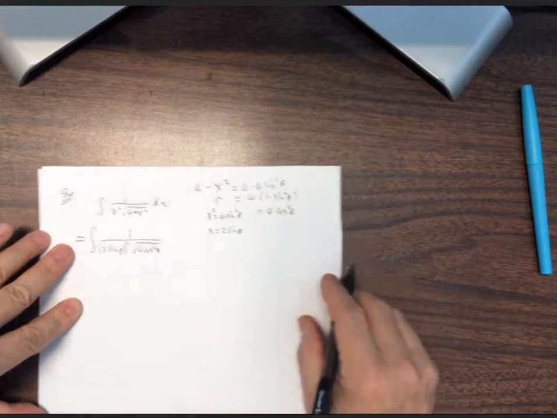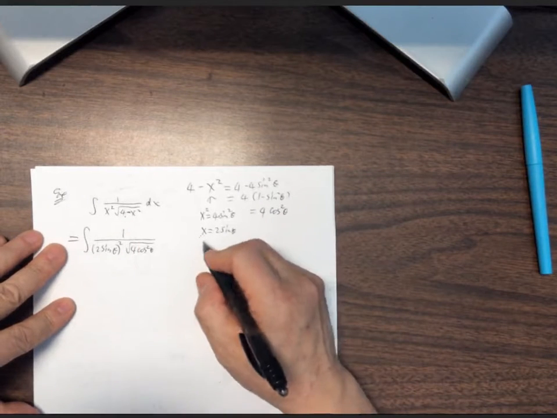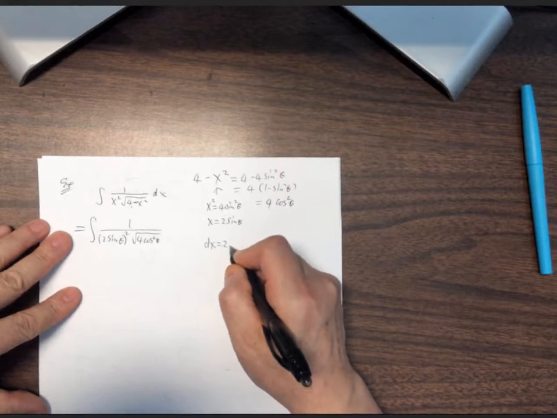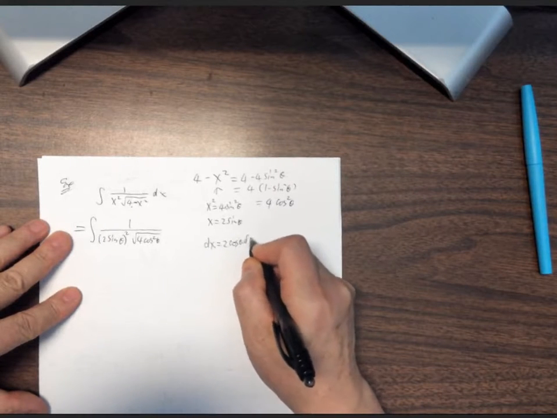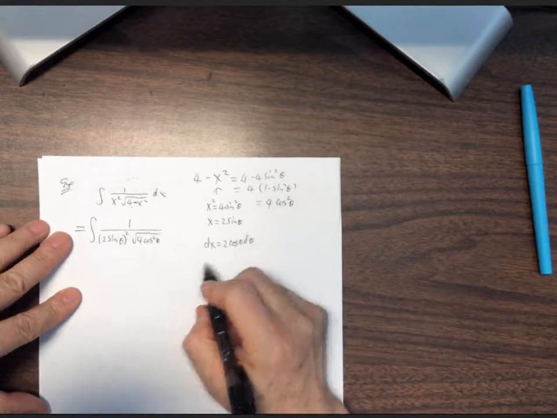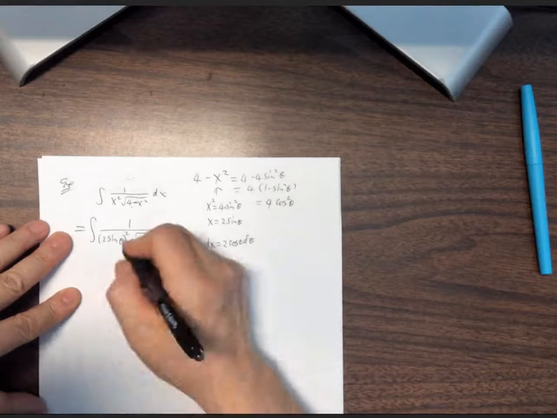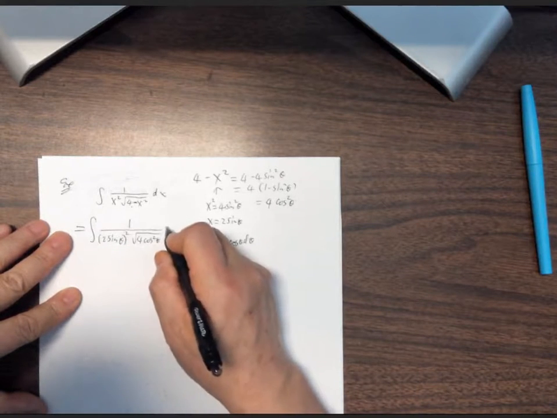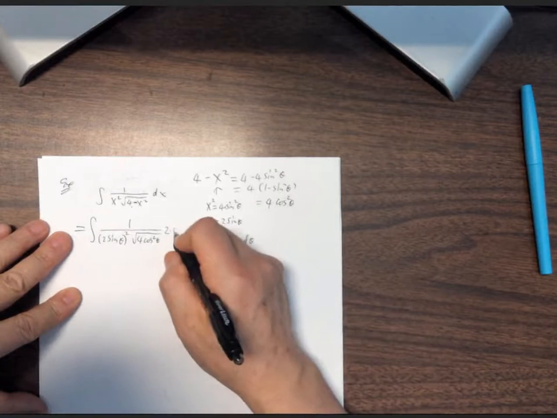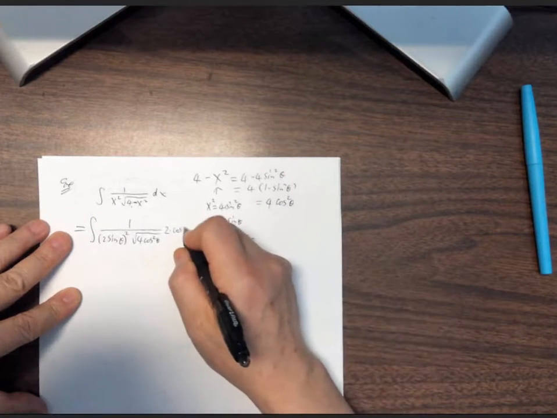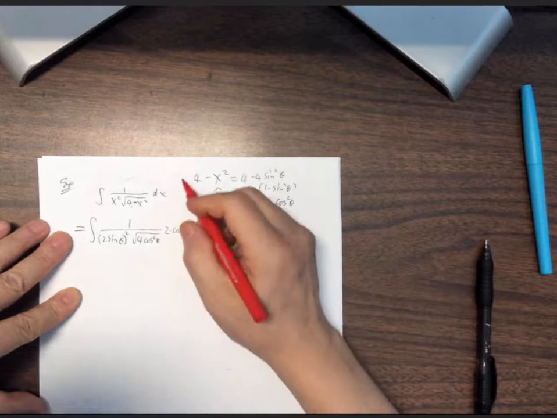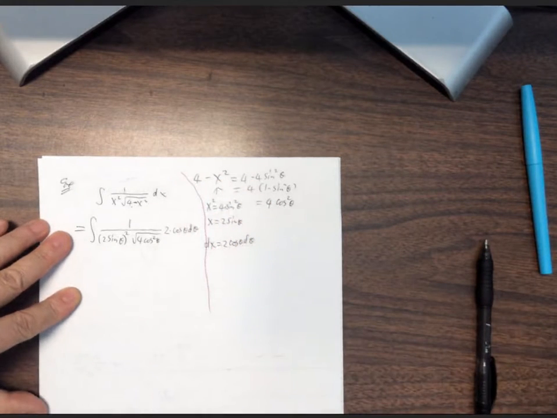How about that? And the dx, well, with the substitution, dx is 2 cosine theta d theta.